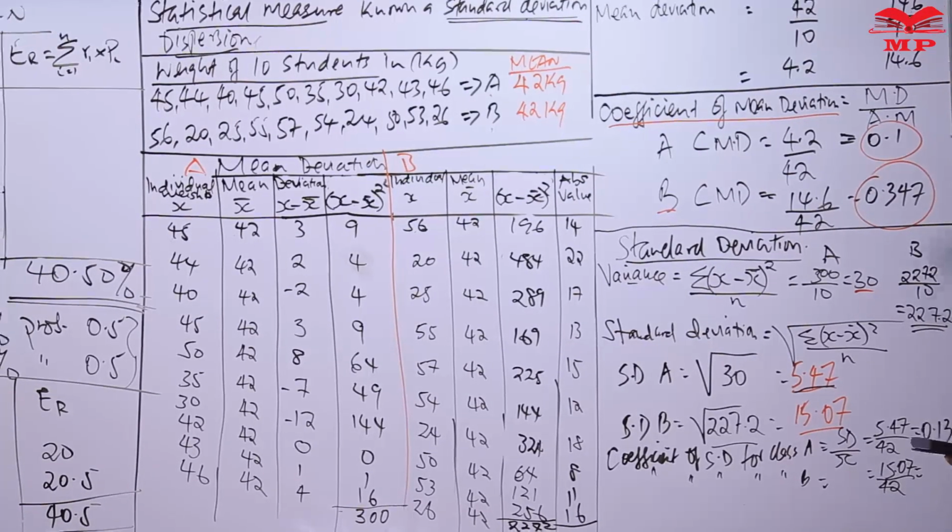Class B, 15.07 divided by 42 will be equal to 0.36. 0.36 is the coefficient of standard deviation for class B.